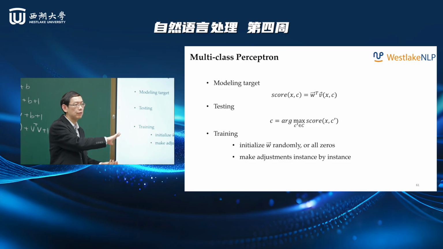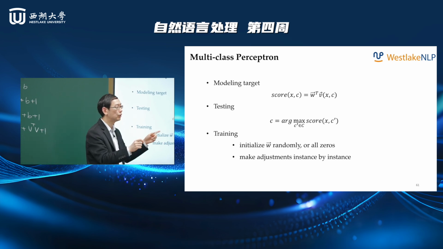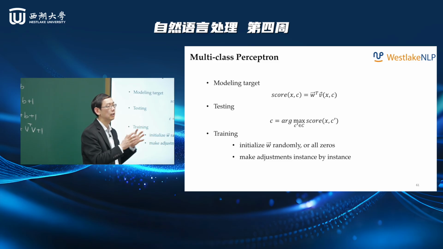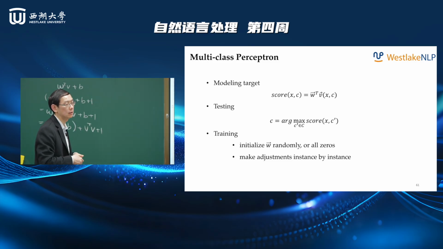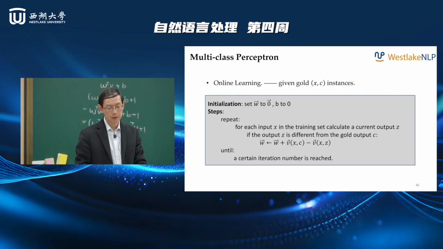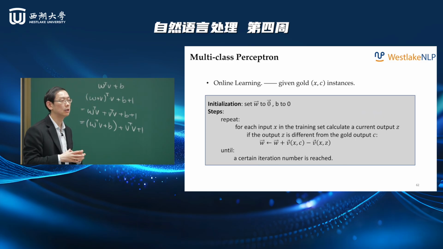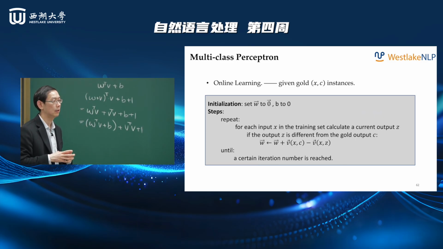I scan through all of you, one iteration. Scan through all of you, second iteration. And in each iteration, for every training instance, I compare my model output to the gold standard label, because all my training instances are labeled. And I update my model parameters if the model output is incorrect.